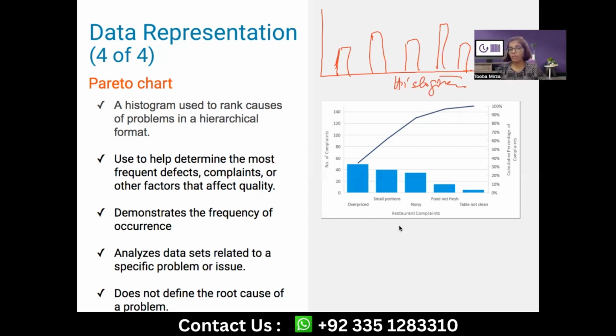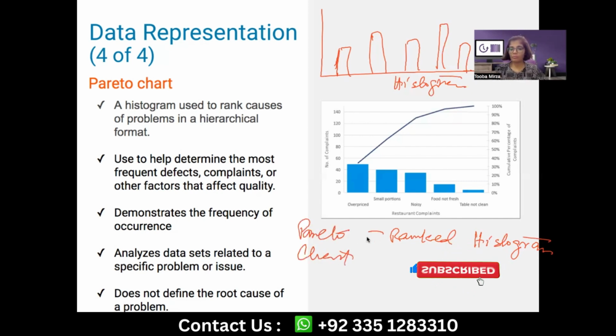But this one is a ranked histogram. A Pareto chart is a ranked histogram. What do we mean by ranked histogram?